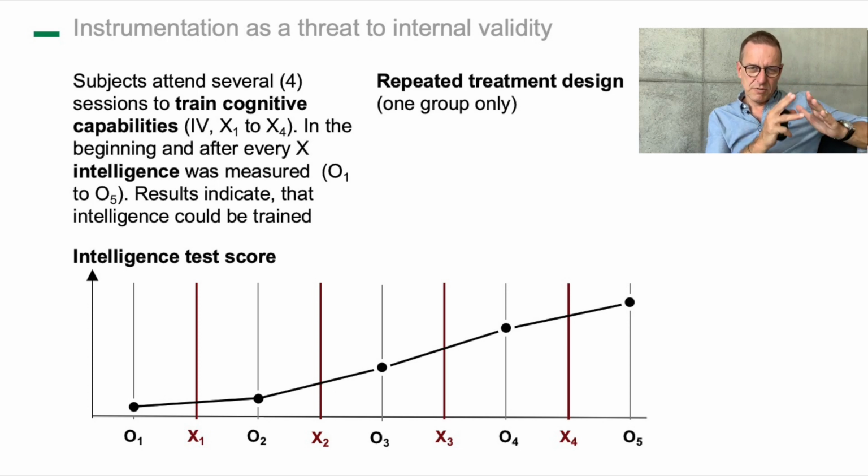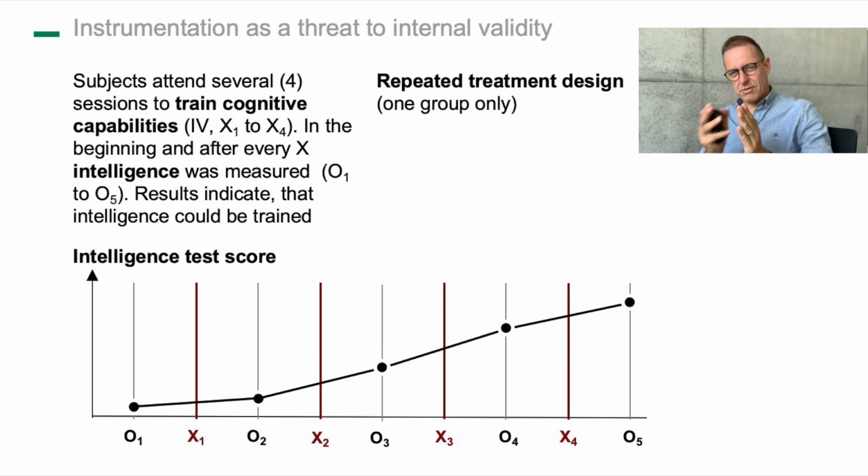So there was an observation, the measurement of intelligence, then there was a first training, then again measured intelligence, then another training, then measured intelligence, another training, then measured a fourth time, again the fourth training, and then we measure the fifth time. Repeated treatment design. You measure, you train, you measure, you train. You do it over a period of time.